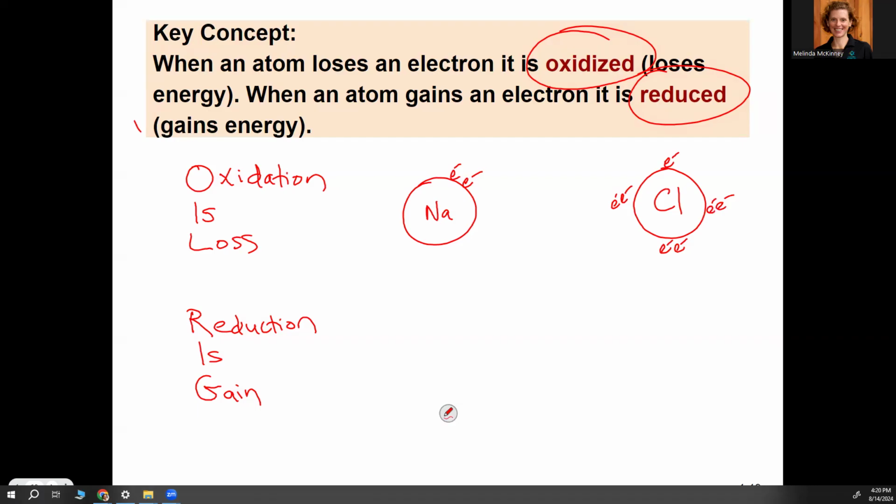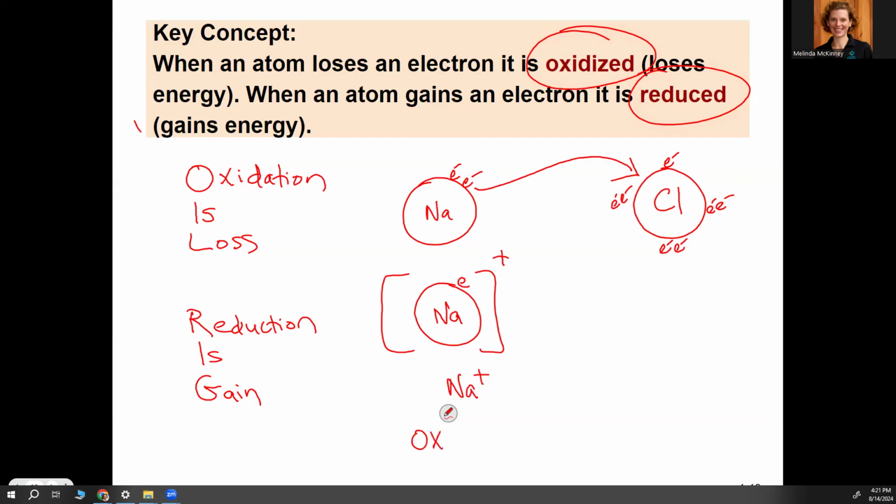These are both neutral. If you were to have oxidation, oxidation is loss. So if the electron goes from sodium to the chlorine, then you're going to be left with sodium, which has no electrons in that outer shell, and that's going to have a net charge of +1. Okay, so this is basically a sodium ion. So sodium in this case has been oxidized.